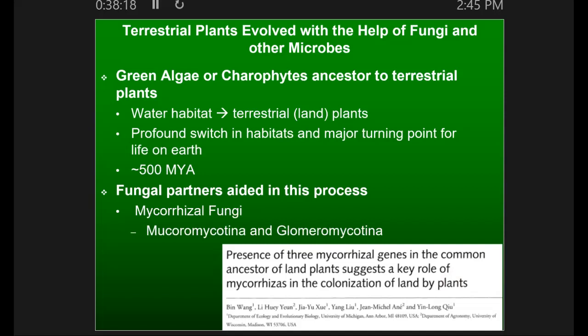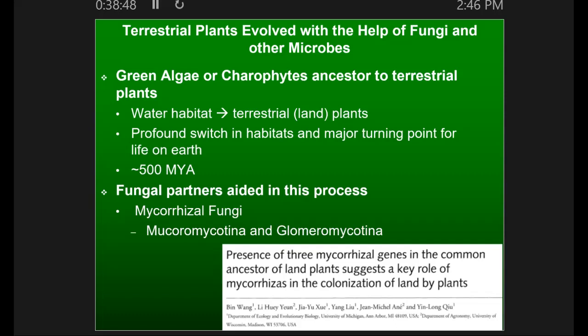You don't need to know those two words really. They are finally starting to nail down though what type of fungi were actually there, and it's the Mucoromycotina and Agglomyromycotina. You don't need to memorize those. Just know that mycorrhizal fungi assisted this most amazing transition from ocean to land. Okay.